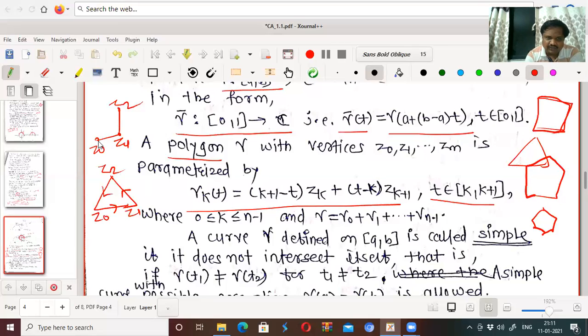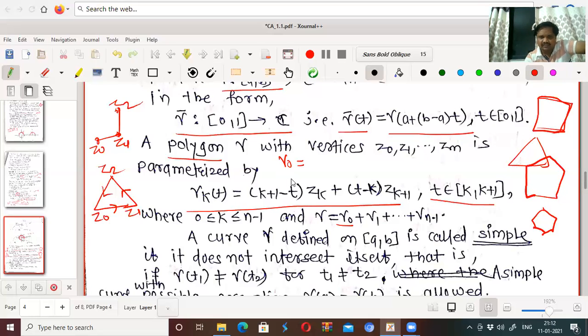Polygon means what? The curve from here to here plus here to here, joining these 2 points. You have to join zk and z(k plus 1), where k lies between 0 and n minus 1, and gamma is gamma 0 plus gamma 1 plus up to plus gamma n minus 1. What is gamma 0? Here, k equal to 0.